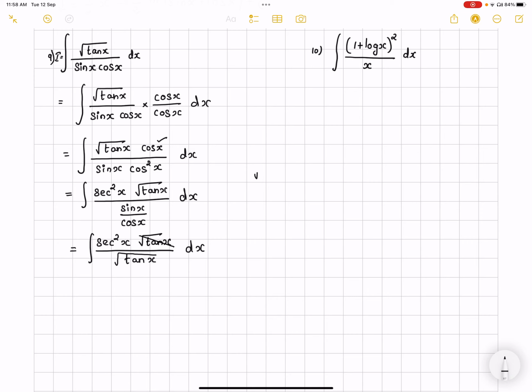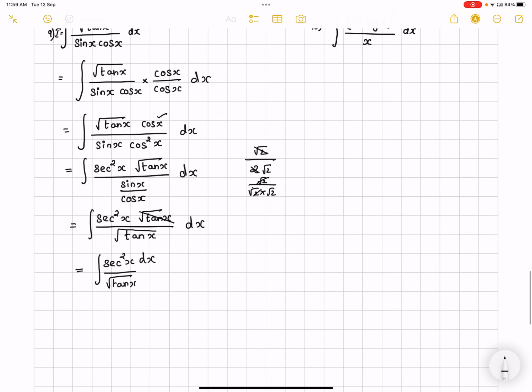Obviously, when we have root 2 divided by 2, when you cancel, you would be getting root 2, because 2 is nothing but root 2 into root 2, by root 2. That's how it happens. So now here I have secant square x dx by root tan x.